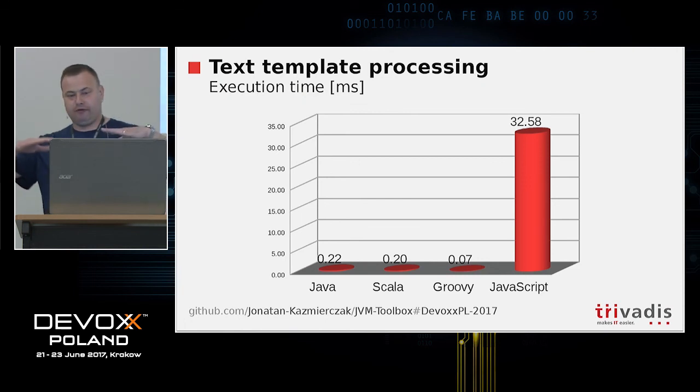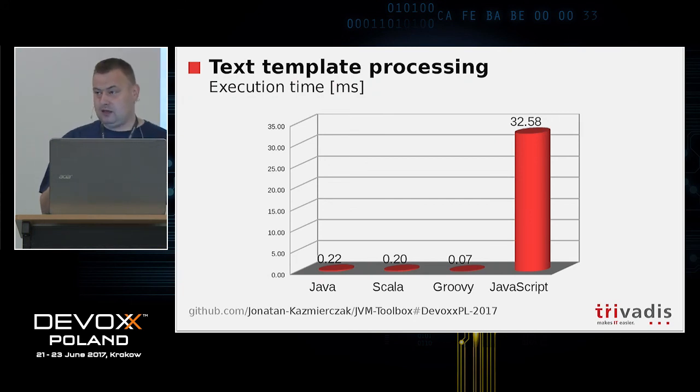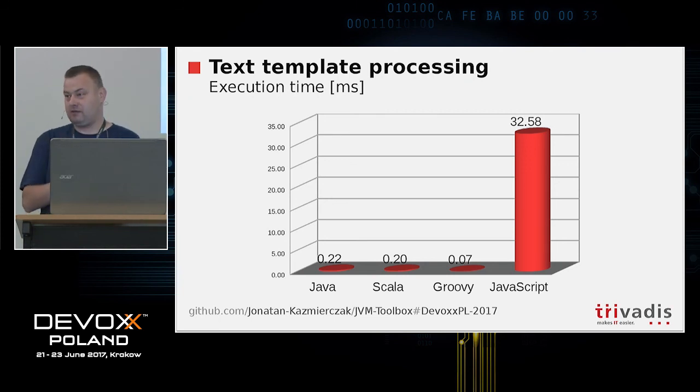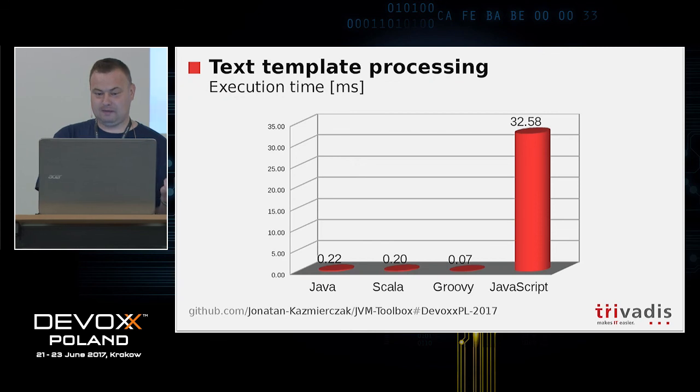The performance results were different on Java 8 and are different on Java 9. And Groovy actually, what surprises me, doesn't differ. Very similar results on Java 8 and Java 9, while Java itself and Scala is significantly slower on Java 9 as compared to Java 8.